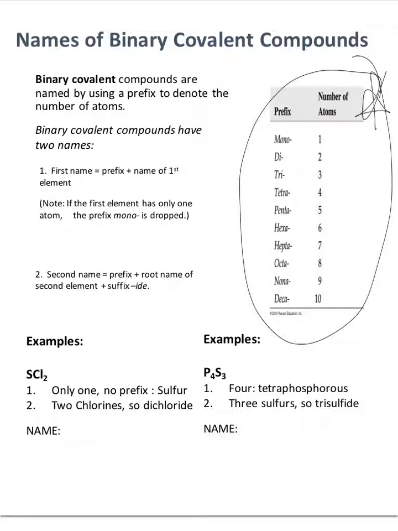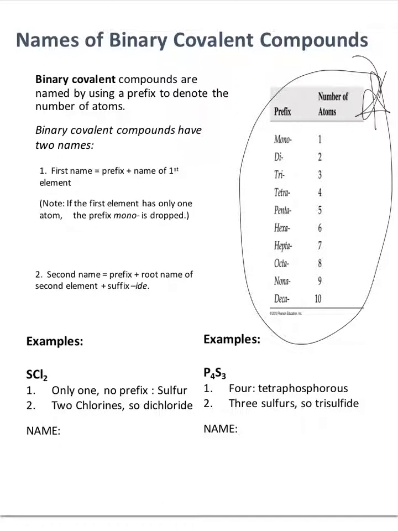So when we actually go through and name covalent compounds, what we will do is first name the first element using the prefix. So if you have nitrogen, for instance, and you have two of them, you would just say dinitrogen.